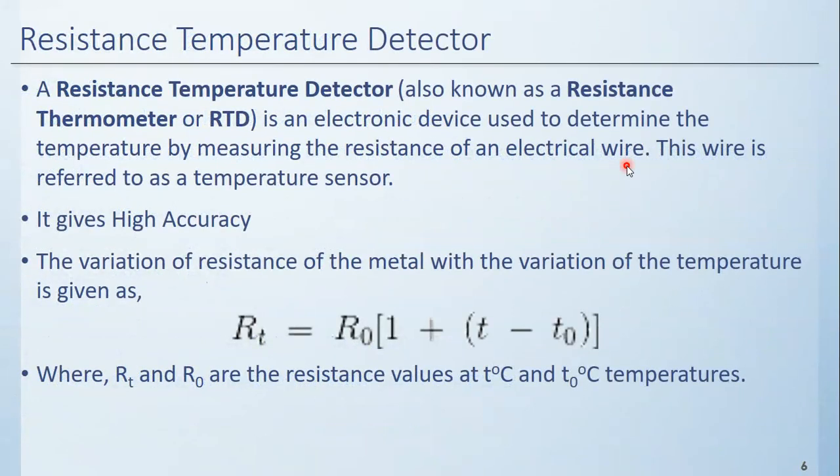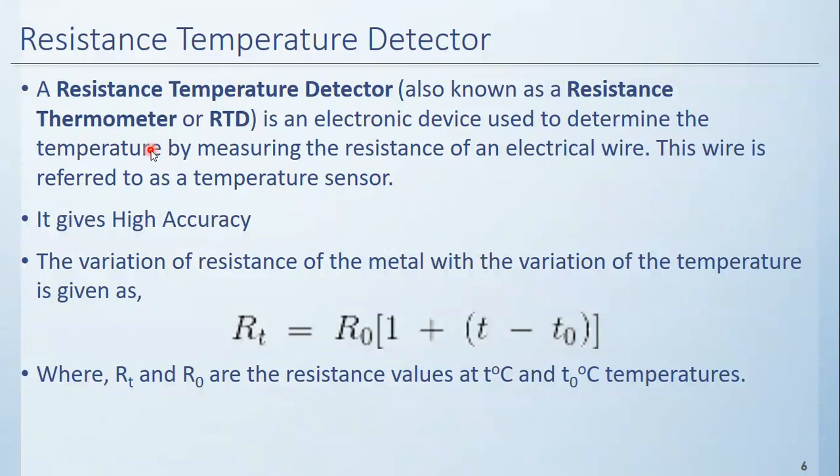Now the next one is the RTD, or the resistance temperature detector. It is also known as a resistance thermometer. This one is an electronic device. When temperature changes, the resistance of an electric wire will also change, and vice versa.